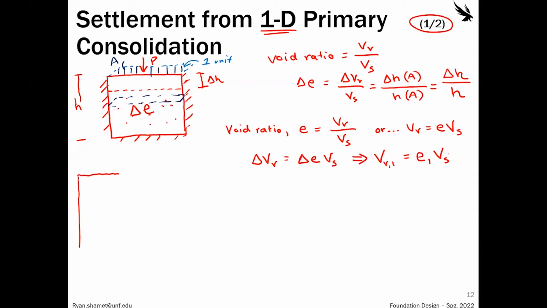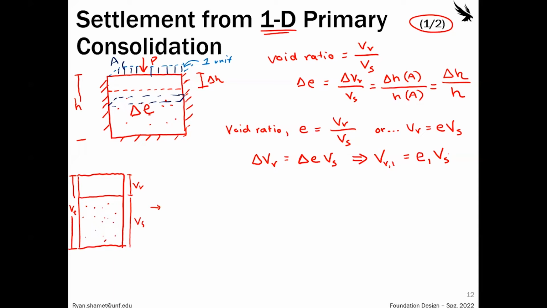So if we were to draw the phase diagram from before, we know that the total volume consists of a volume of voids and a volume of solid. That's our volume of voids and our volume of solid.